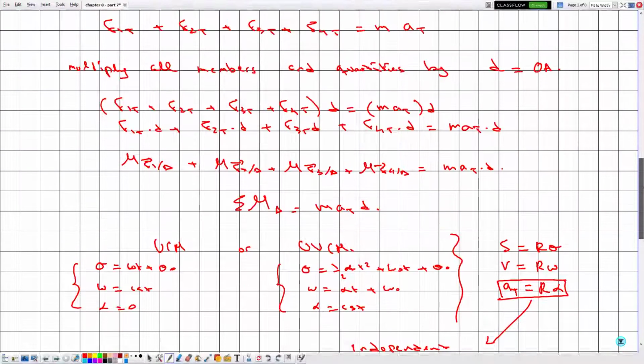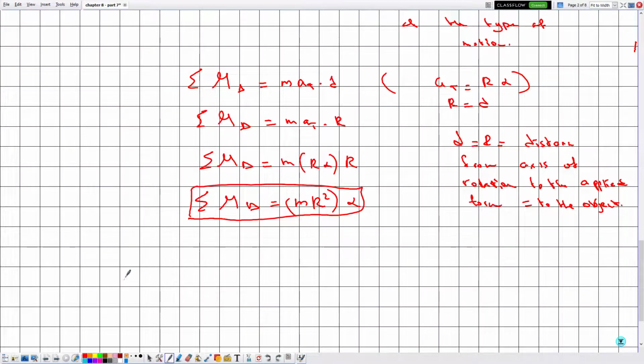Let me explain why. If you are talking about the sum of forces is equal to ma, and we want to compare it with another equation, we need to compare it with the sum of moments around delta is equal to m r square multiplied by alpha.